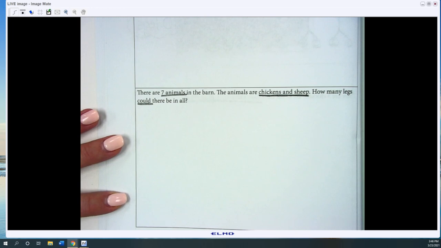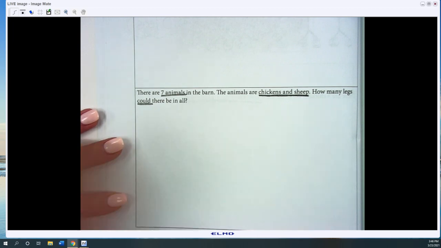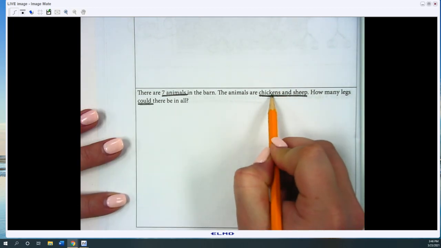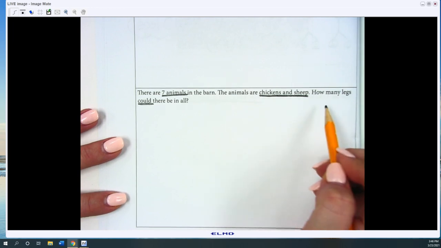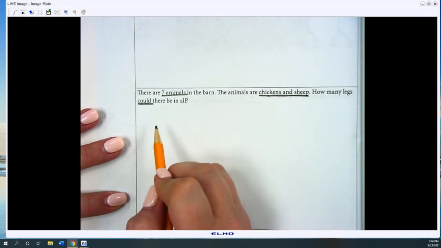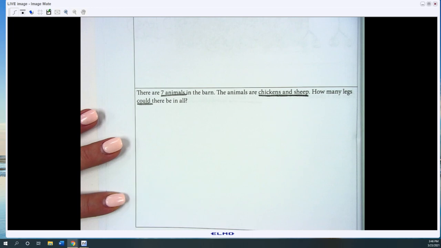You might have to have a parent or grandparent or babysitter help you with it. But it says there are 7 animals in the barn. The animals are chickens and sheep. So think about how many legs chickens have and how many legs sheep have. And then it says how many legs could there be in all. So you might have a different answer than somebody else in our class because there's multiple answers to this story problem.